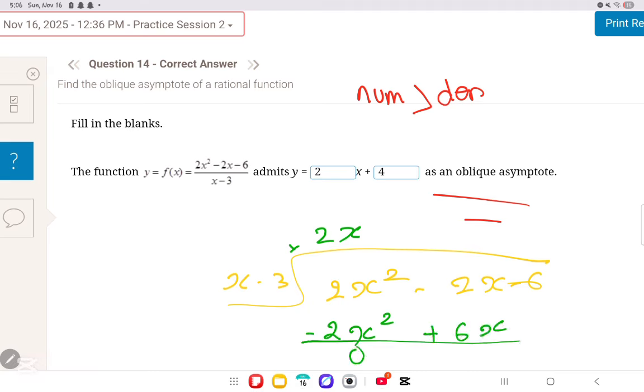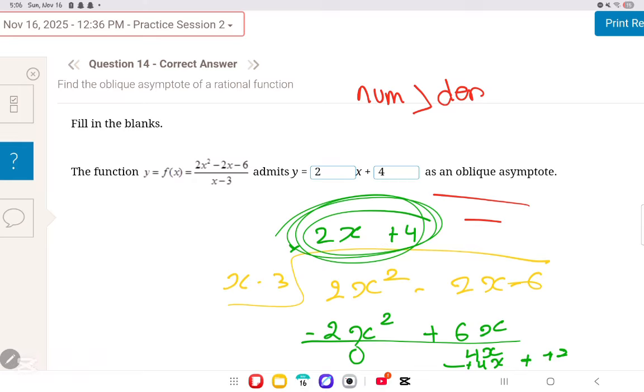I'm left with 0 and 4x. 4x divided by x is 4. 4 times x is 4x. 4 times minus 3 is minus 12. Then you change the signs. Your answer is 2x plus 4, which is your oblique asymptote. And what's your remainder? My remainder is going to be 6 over x minus 3.